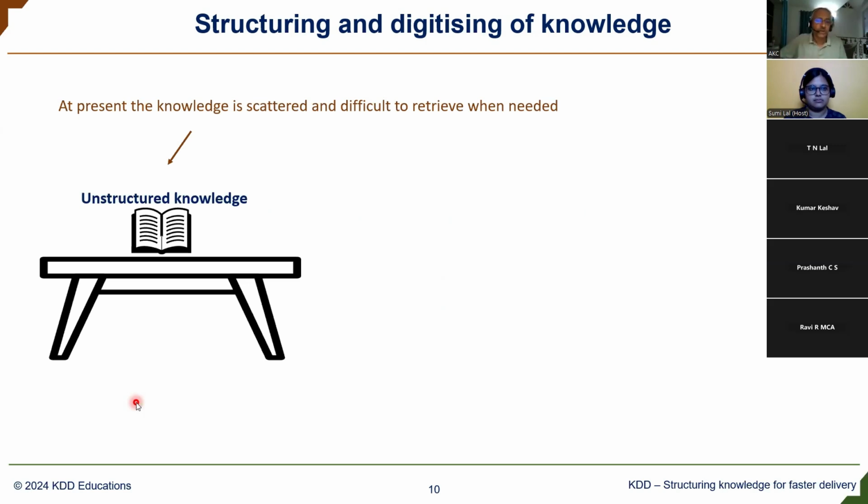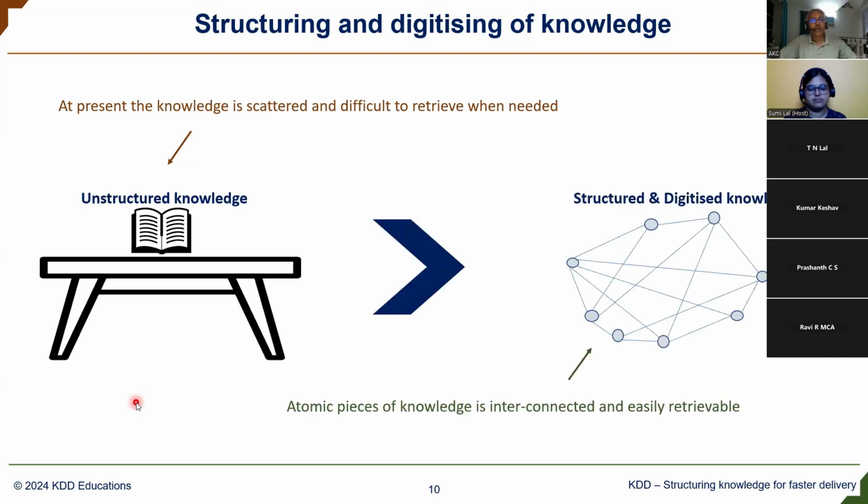It could be maybe some video somewhere. It could be even in the mind of some of the experts. They know what it is, and maybe it's scattered all over, some images, some diagrams. It could be in multiple different forms. What DKF is trying is to structure it and digitize that knowledge.